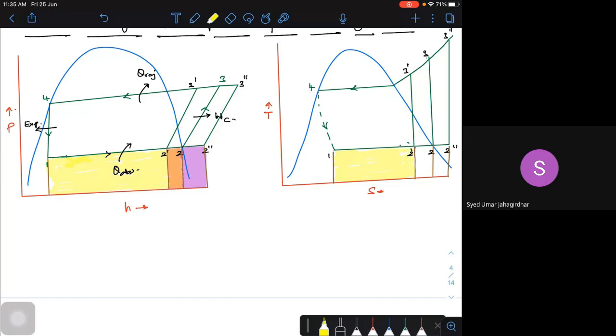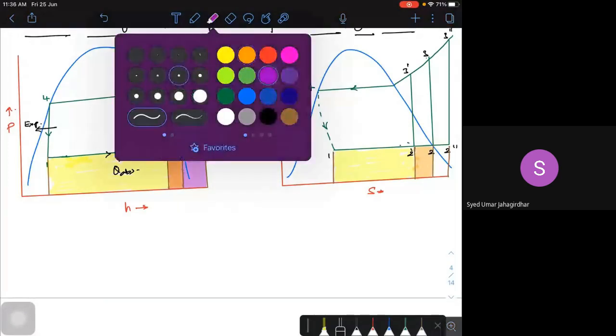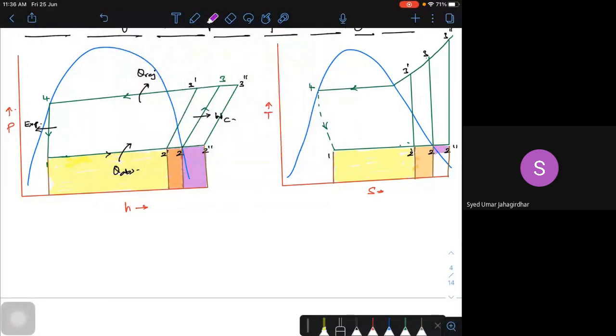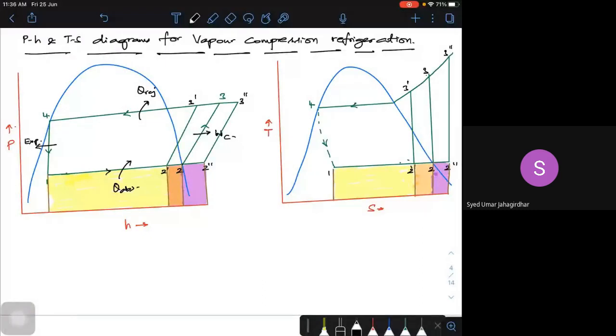I can show it for each and every process, whether it is dry saturated at the end of your evaporation. So this is the amount of heat I'm trying to remove more, which is an advantage if you have superheated vapor at the end of your evaporation. So a simple pH chart and a TS diagram.